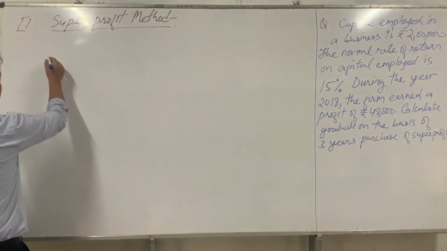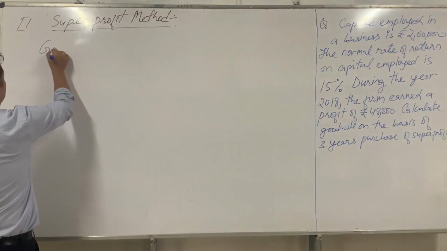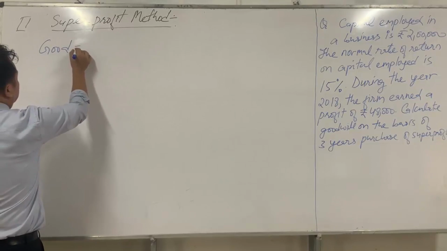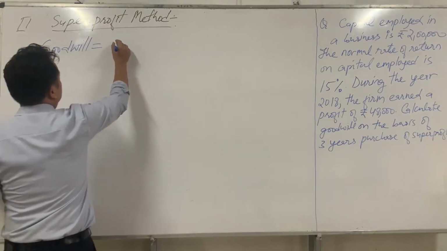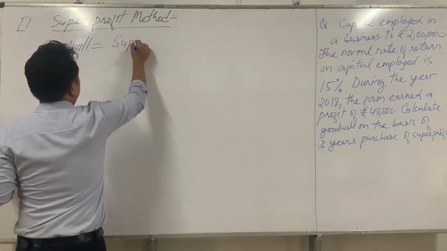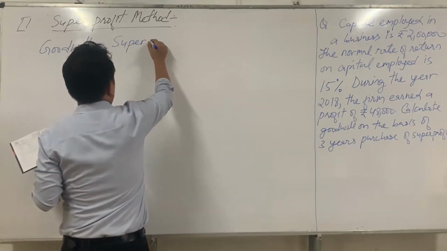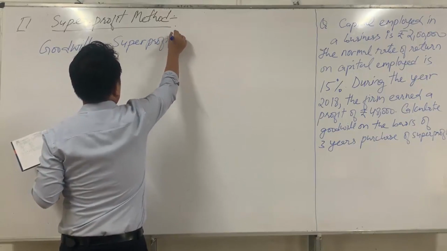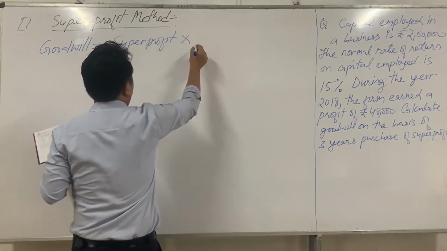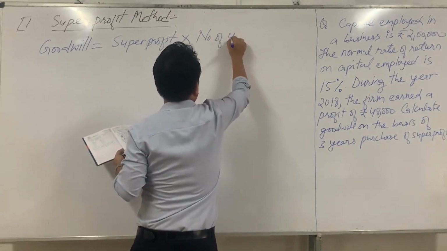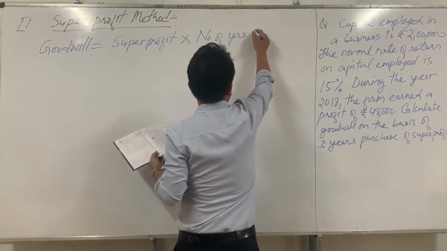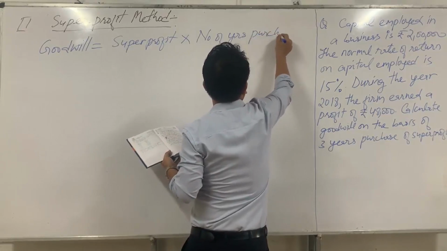Okay, so goodwill is equal to super profit multiplied by number of years purchase.